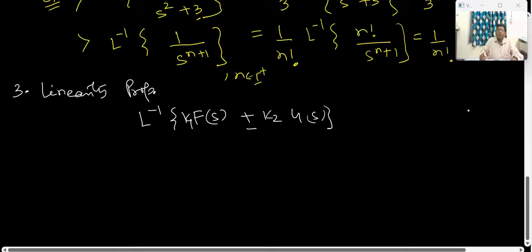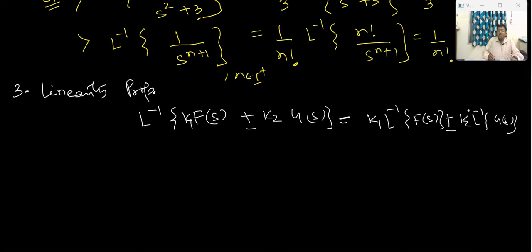That means separately you can read it, taking the constant outside. So this is k1 L inverse of F(s), plus or minus whatever it may be, k2 L inverse of G(s). So we apply the linearity property to find the inverse Laplace transforms.